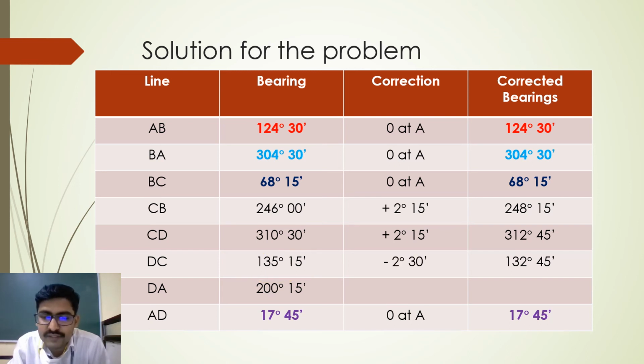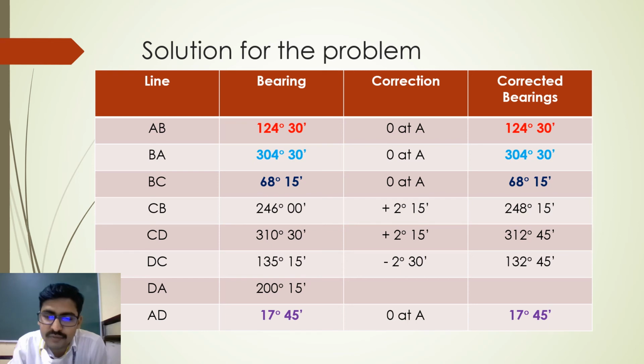So minus 2 degree 30 minutes is the correction at D, right? So you will get the correction by subtracting the corrected bearing from the observed bearing. So that comes out to be minus 2 degree 30 minutes. So all the bearings which are observed from station D must have the correction of 2 degree 30 minutes.